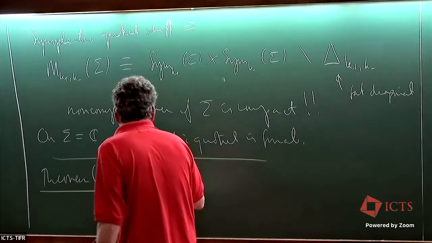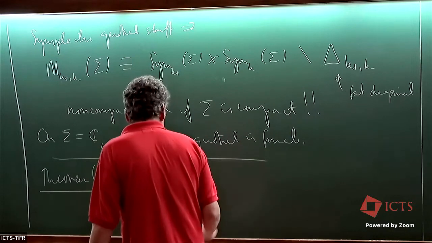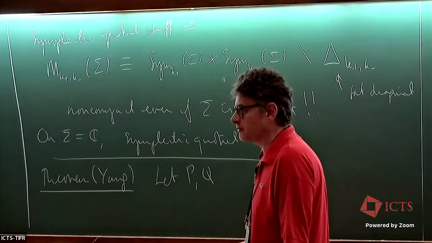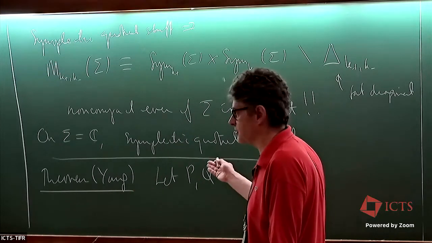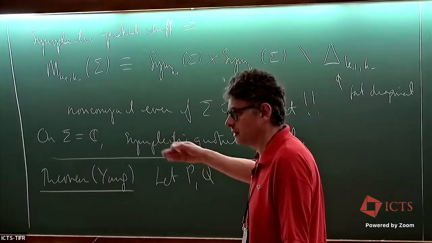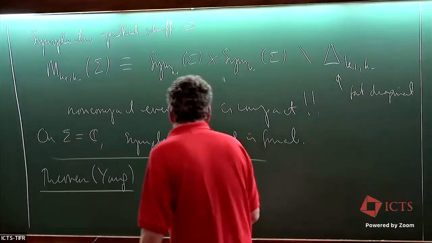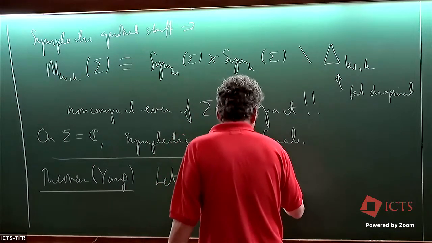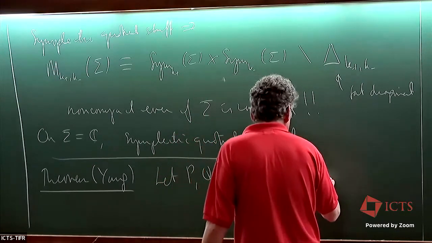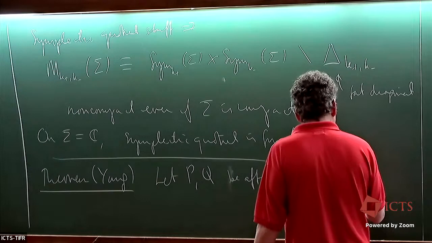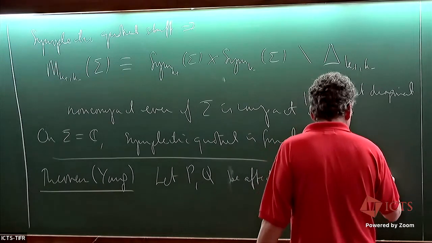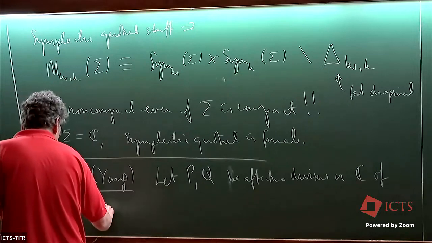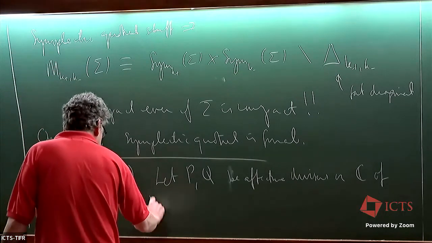Okay, so let P and Q be effective divisors of degree K plus and K minus, where again, I'm thinking of them rather informally. They're just collections of K plus and K minus points, possibly with repeats. Let them be effective divisors on C of degrees K plus and K minus, but I'm going to insist that they're disjoint.